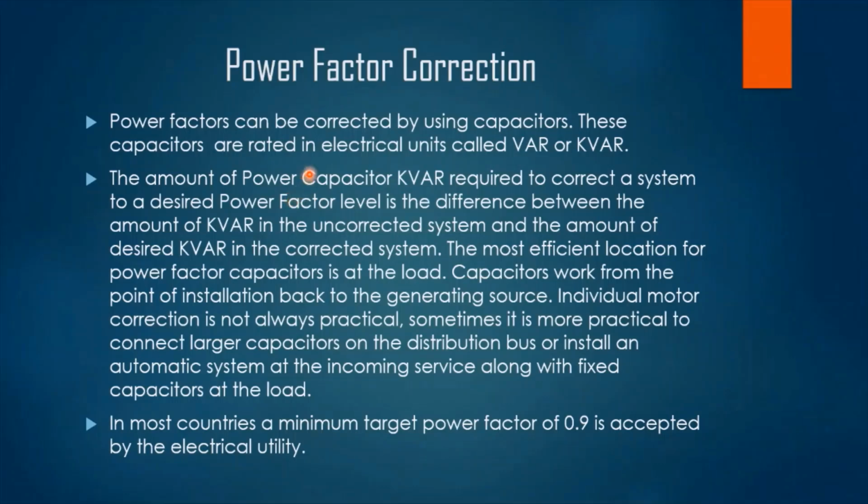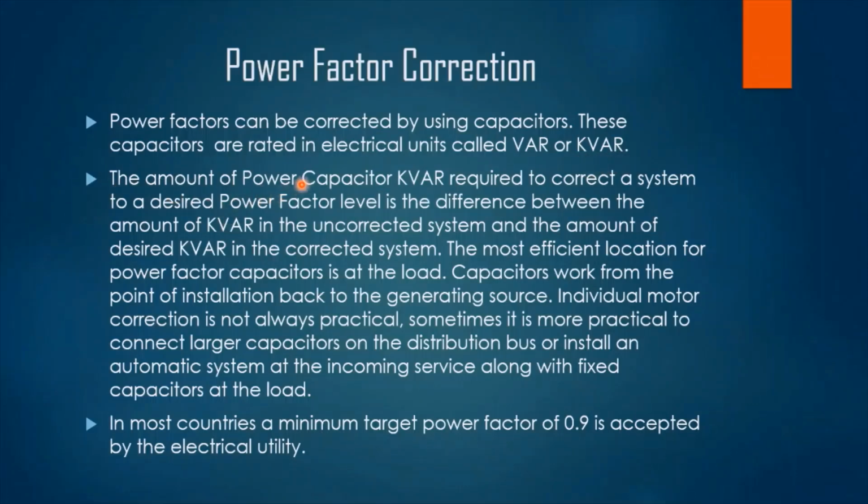Now, when we say power factor correction, what do we really mean? To correct a power factor, we have to use a capacitor. These capacitors are rated in the unit kVAR, which is also the unit for reactive power. So since we are correcting a reactive power, we are going to use the kVAR.